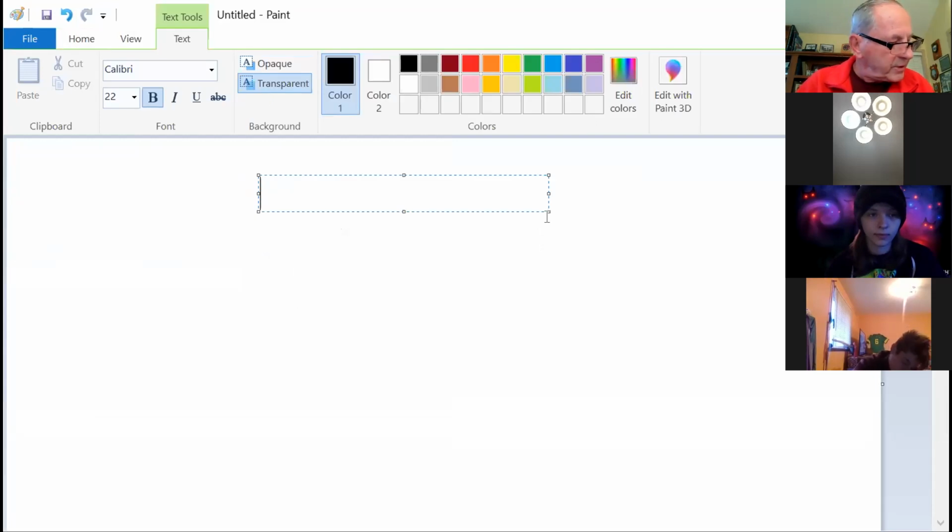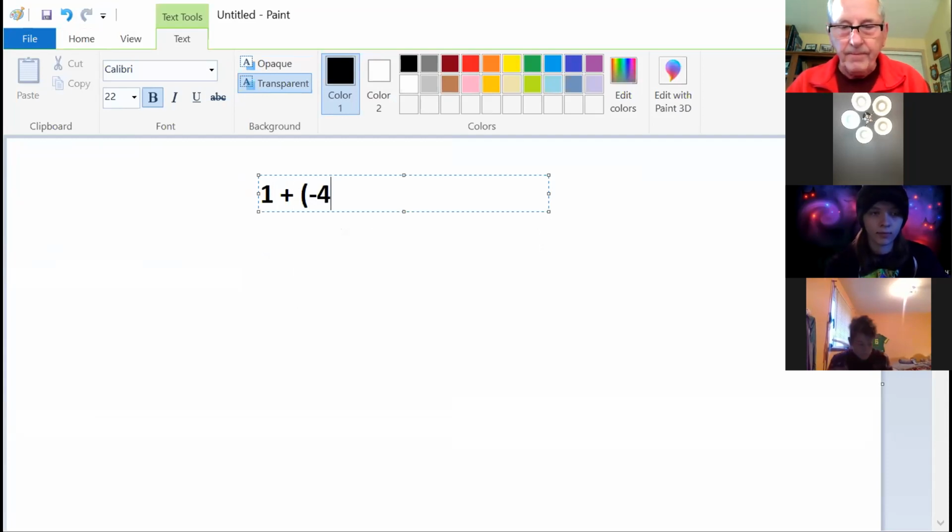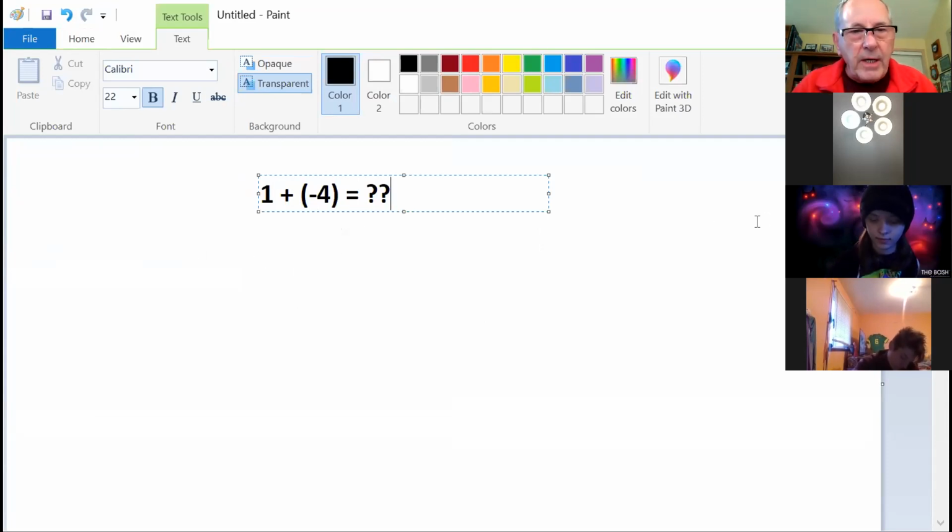So if you have an expression like 1 plus, in brackets, a negative 4, you want to get the answer. We're trying to resolve what this expression is equal to. You can use a number line, and you can also just use the algebraic expression to do this.